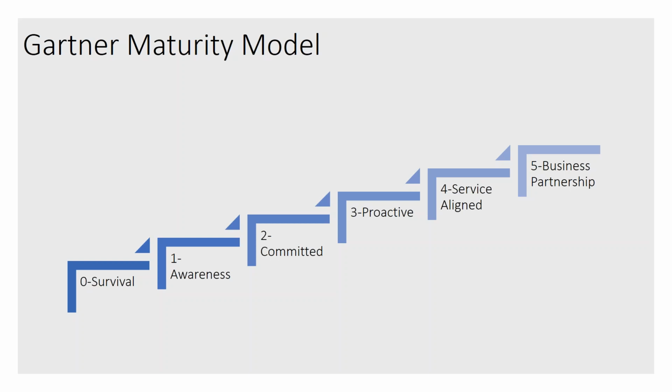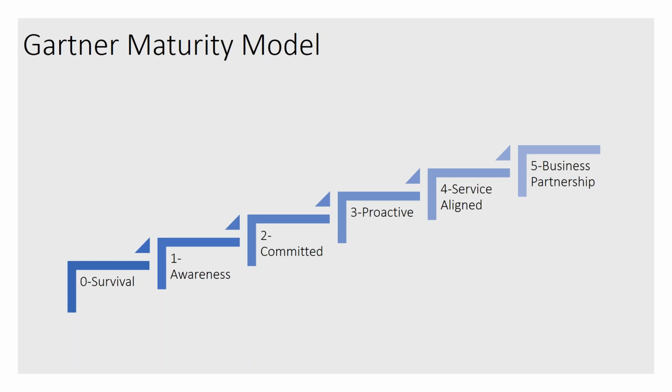As with most maturity models, 0 is the worst and 5 is the best. 0 is survival. If you're at a 0 maturity level, you're just barely surviving. You're constantly putting out fires, there's no proactive approach to implementing or managing IT solutions, and there's no alignment between IT and the rest of the organization.